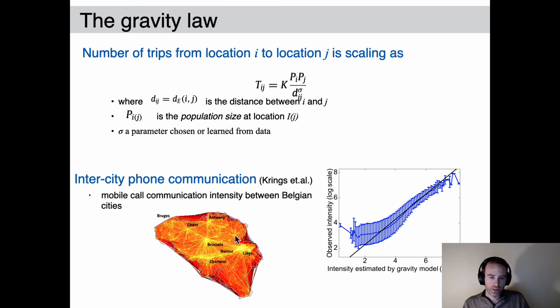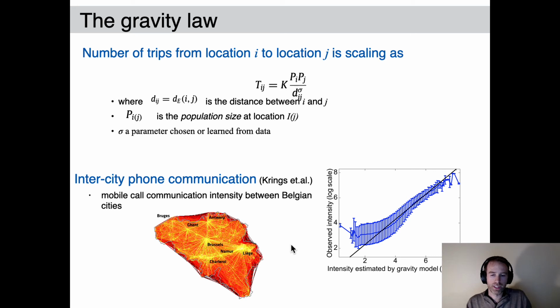There are connections between smaller cities which are close to each other, but you typically do not have connection between, I don't know, for instance, this city and this city and this one. So there is no strong link here. There are not many calls between these two cities, even though they are at a shorter distance than these two, and these two have stronger links. Because obviously, even though they are at a shorter distance, they are smaller cities.